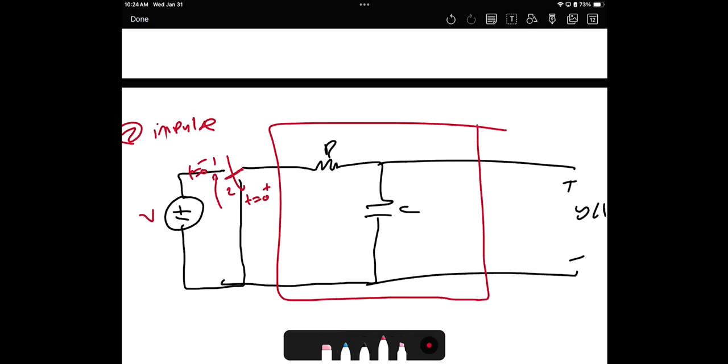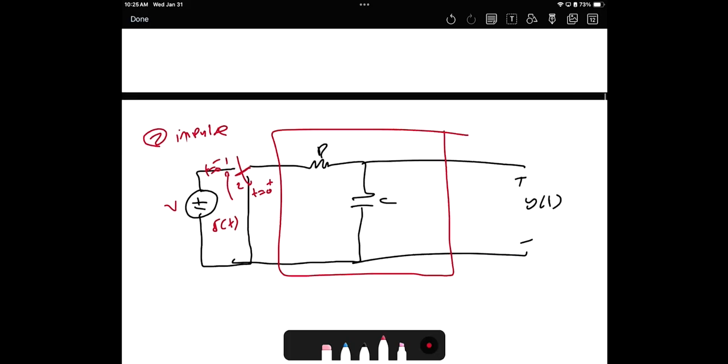In this situation, we guarantee that we have delta of t as the input, then the output will be h of t. That's how we do the impulse.